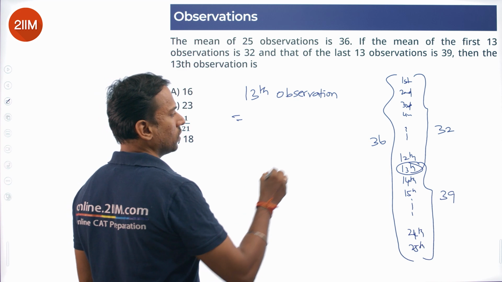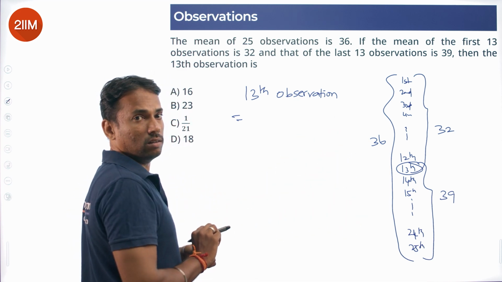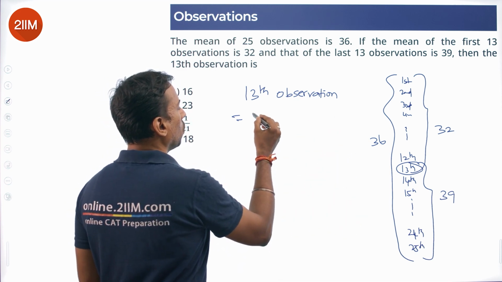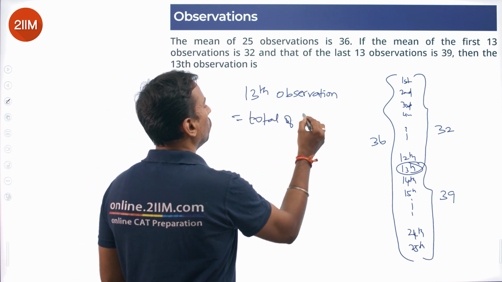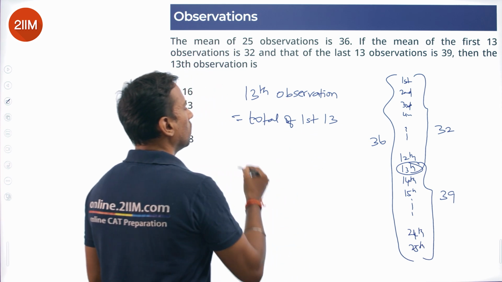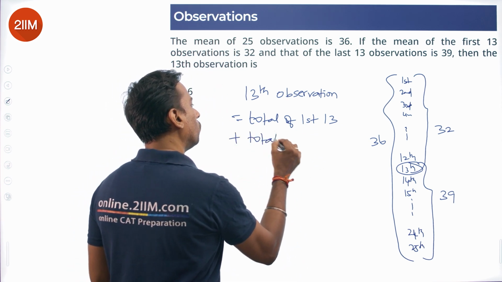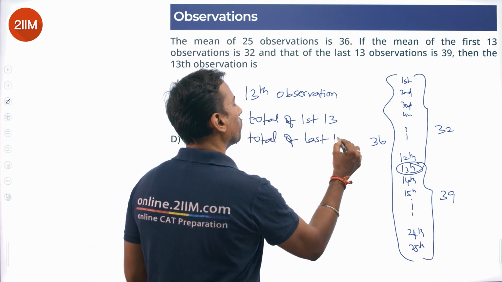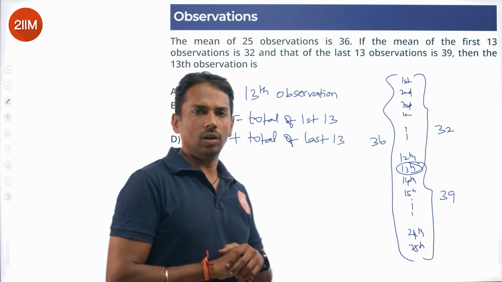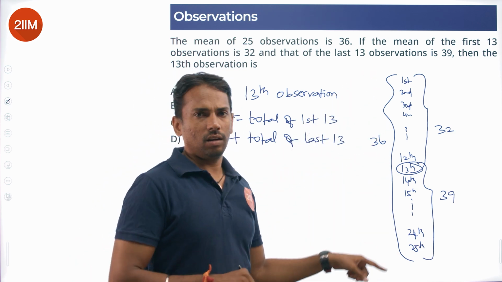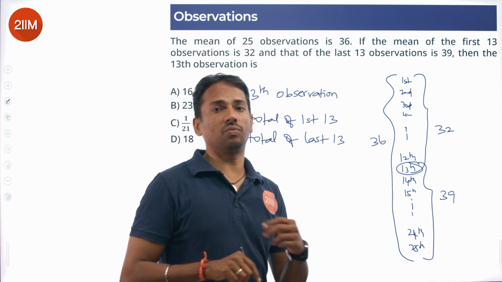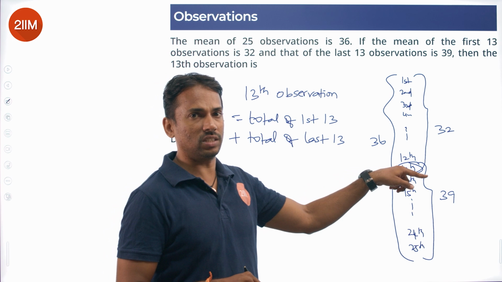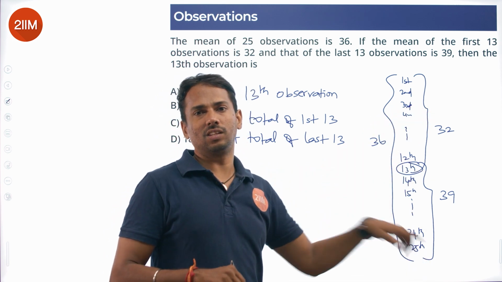So total of first 13 plus total of last 13. If I add it, what do you get? You will be getting everything counted for one time, but the 13th one alone counted for twice, because this 13th observation is there in this list as well as this list.